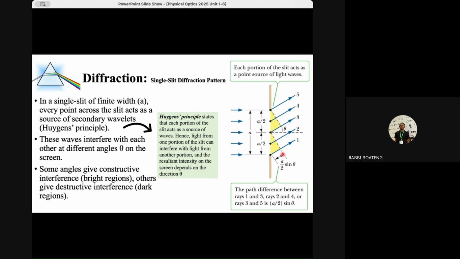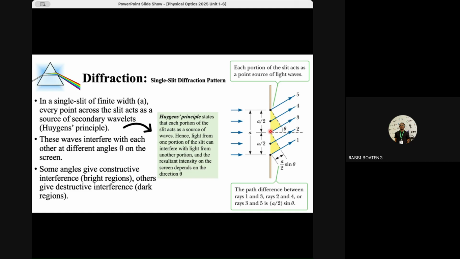If we are considering half of the slit, now the slit starts from this end. I don't know if you can see my laser pointer, where the ray 5 is exiting out. And another point ending is this one, where ray 1 is exiting out. So we have ray 1 and we have ray 5. Is that okay? Now I'm dividing this into 2.